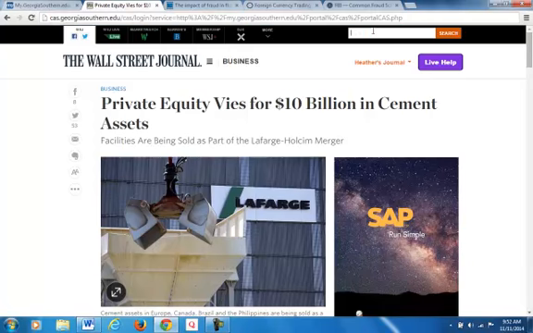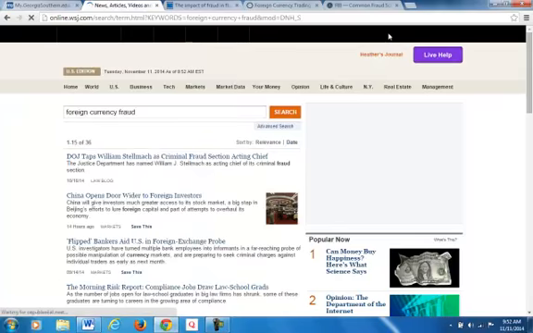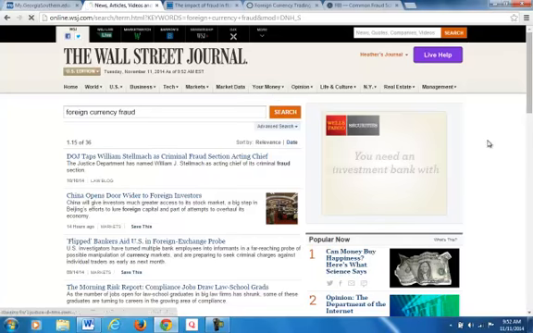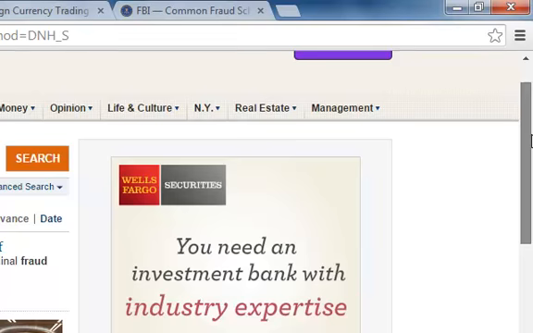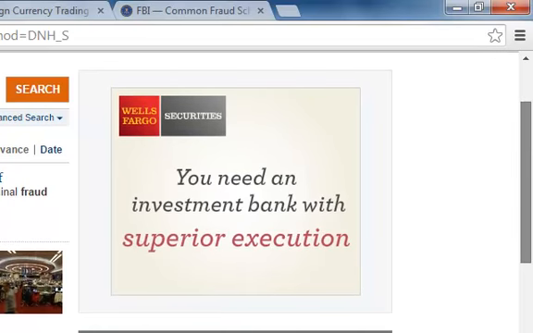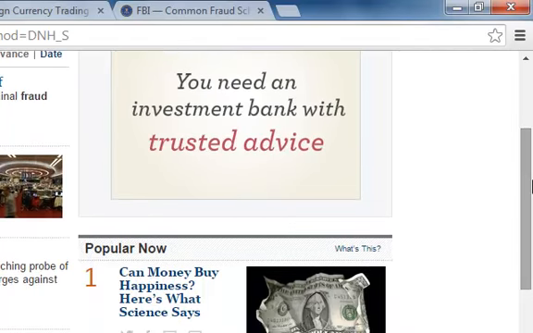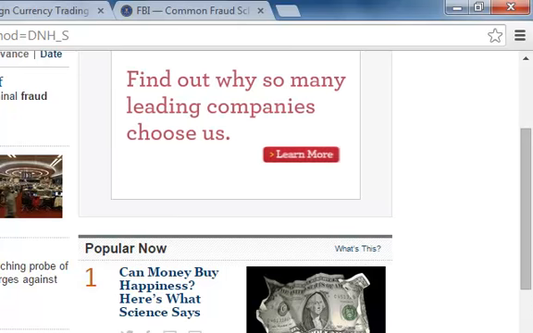And in the search bar, I'm typing in foreign currency fraud and searching that. There's an article from 9/14/14 about flipped bankers aid U.S. in foreign exchange probe.